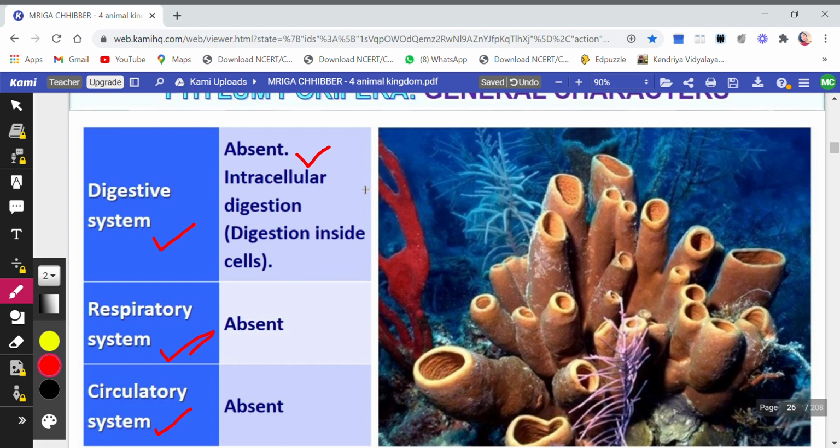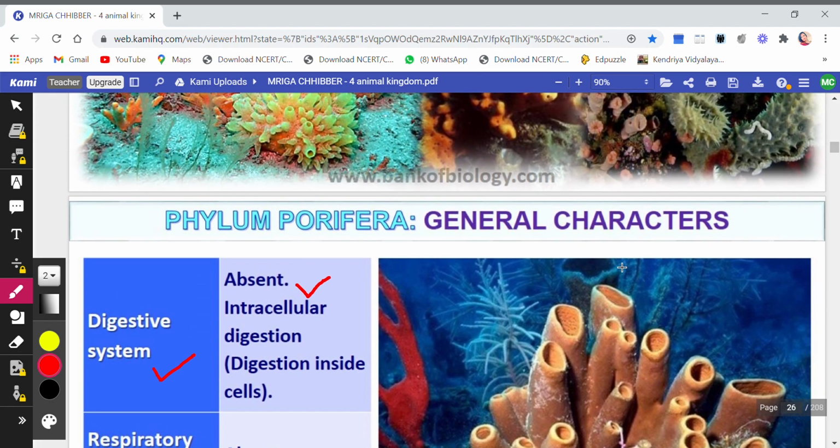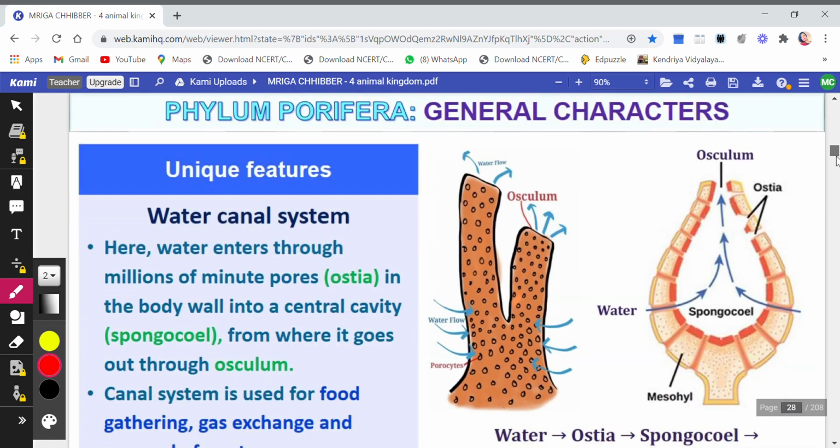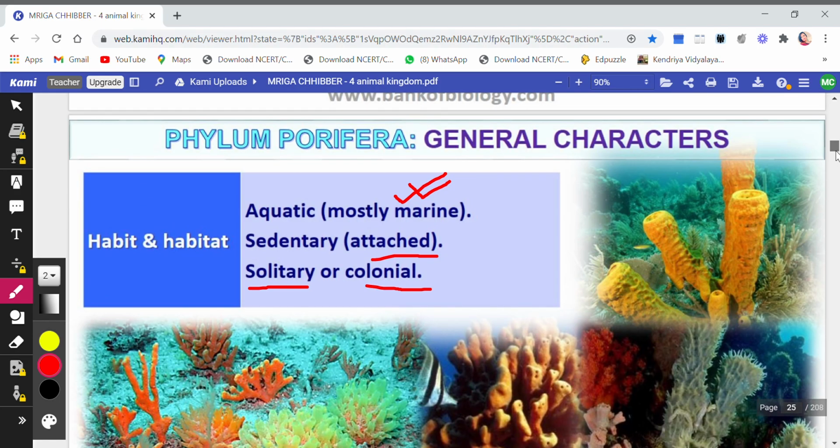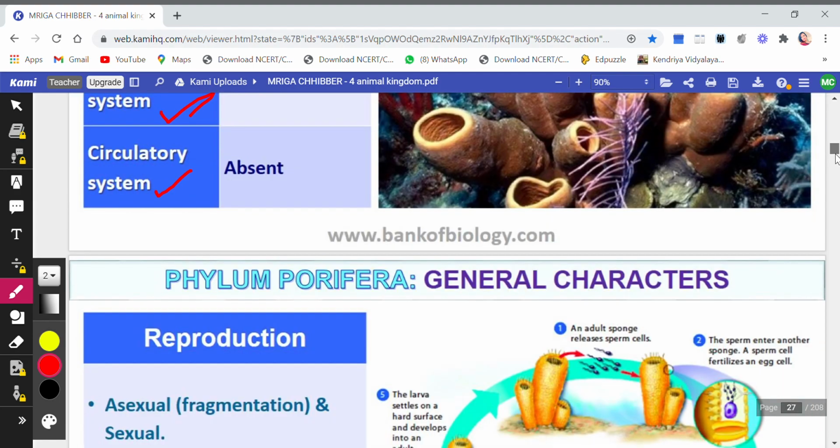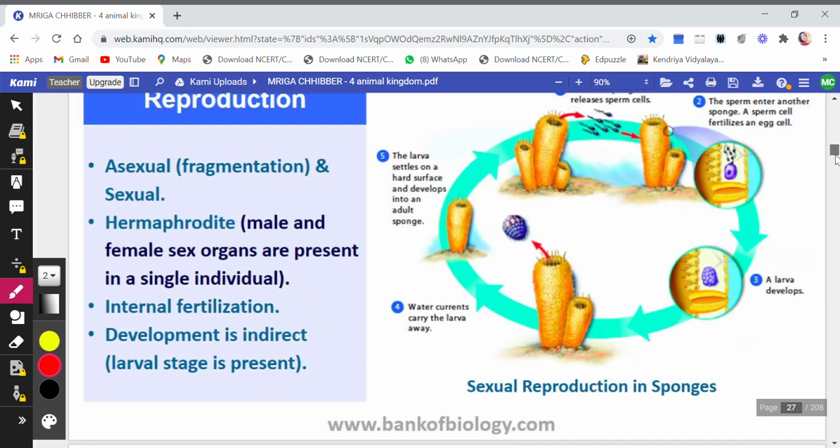Since the organism is made up of few cells, the digestion will take place inside those particular cells, so no separate system is provided to the organism. Neither does it have a digestive system, nor a respiratory system, nor a circulatory system.